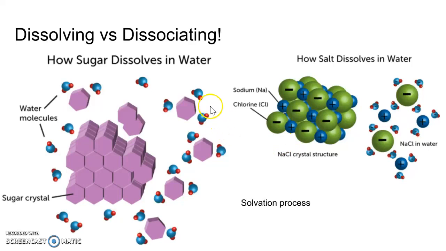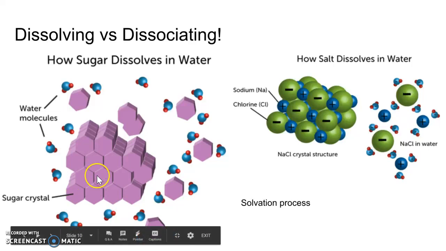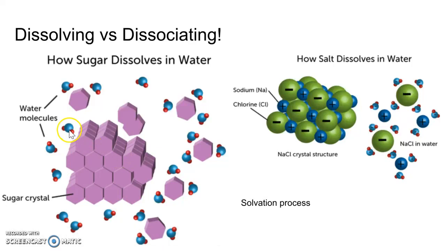Solvation just means being surrounded by water. The sugar crystal starts breaking up into little pieces once you put it into water. It starts dissolving, and each molecule of sugar is essentially getting surrounded by water molecules.